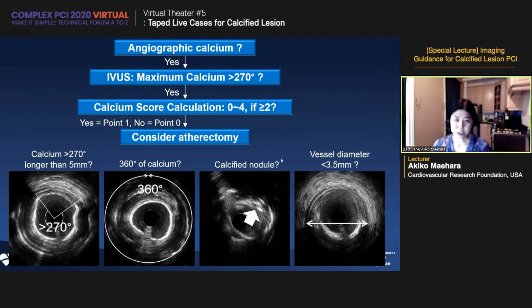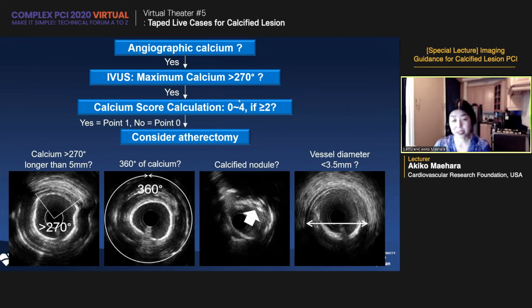Based on the OCT calcium score, we developed the calcium score based on the IVUS, and we decided to be more practical. Because we learned angiographic calcium is okay to detect to start with, we take it out if there is no angiographic calcium to start the score. So angiographic no calcium was out.